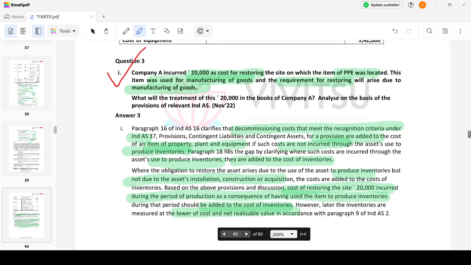Here, this decommissioning cost is incurred only because the goods were manufactured. That's why I'm going to add it to the cost of inventories rather than adding it to the cost of property, plant, and equipment.